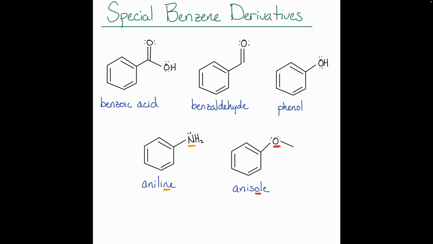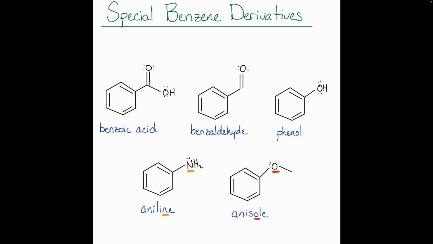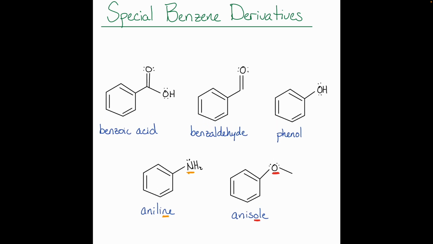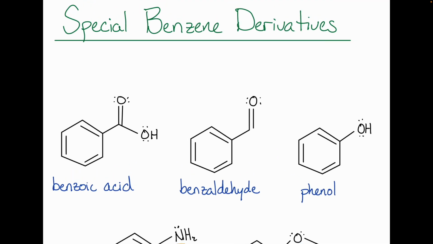These molecules have their own special names. And so what happens if we make a derivative? We start adding substituents to one of these molecules here. Importantly, what makes these special benzene derivatives so special is that they become the parent chain in our molecule.